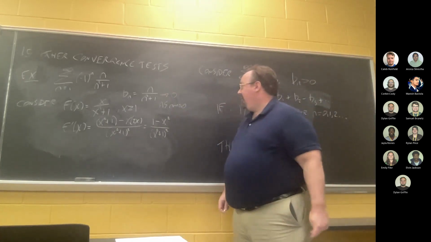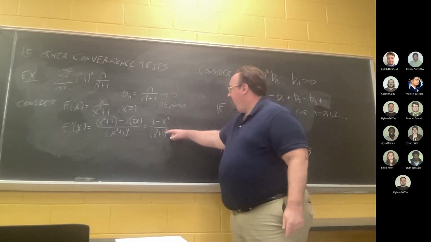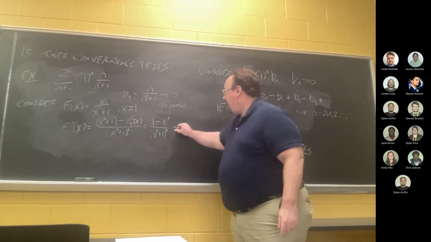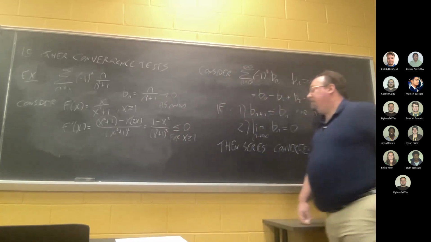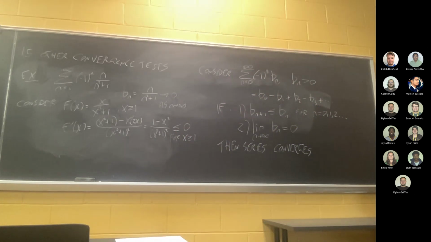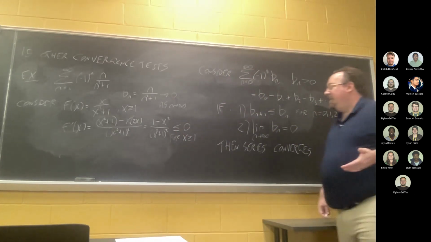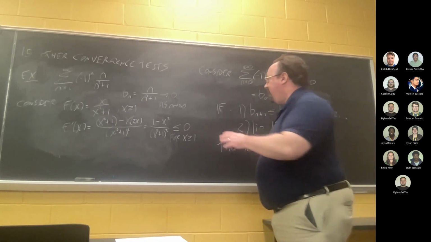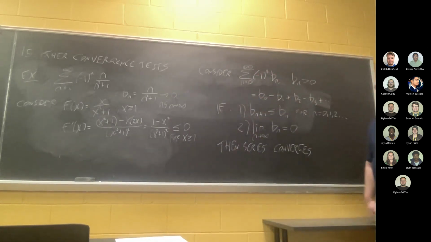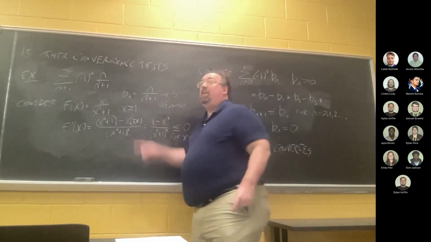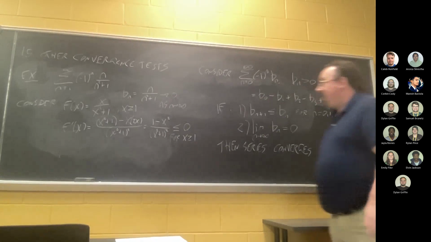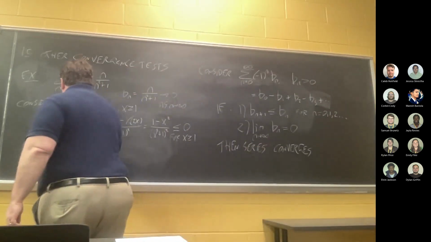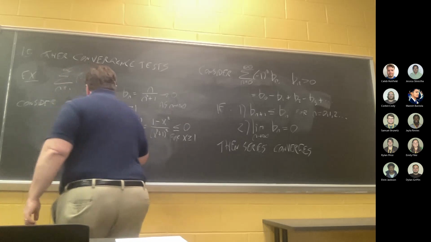This derivative is going to be less than or equal to 0 for x greater or equal to 1, so it is non-increasing. Because this derivative is never positive, these numbers, n over n squared plus 1, really are decreasing or at least non-increasing. So by that, we can conclude that the series converges.